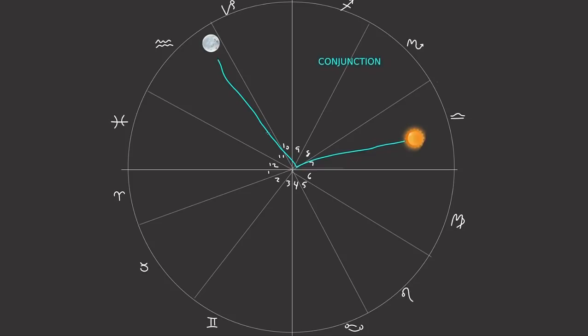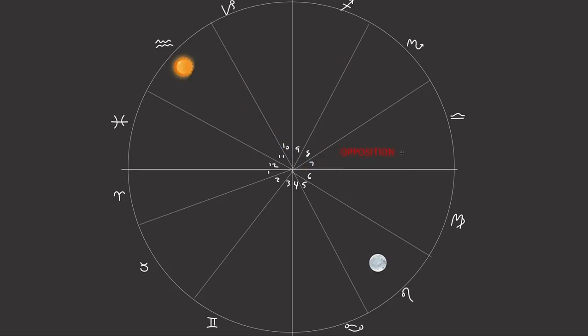So what we need to do is reduce the number of interesting angles, and we do that by looking only at major aspects. We'll cover all the major aspects again at the end of this, but for now, just remember that no matter where the sun and the moon are, they're always at some type of angle. But the angles that we're interested in are only going to be things like conjunction or opposition or trine or sextile, etc., the major aspects.